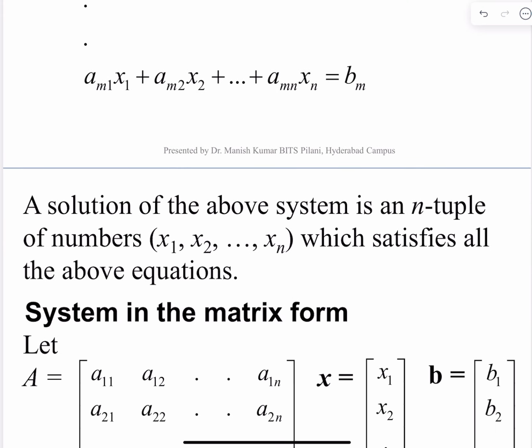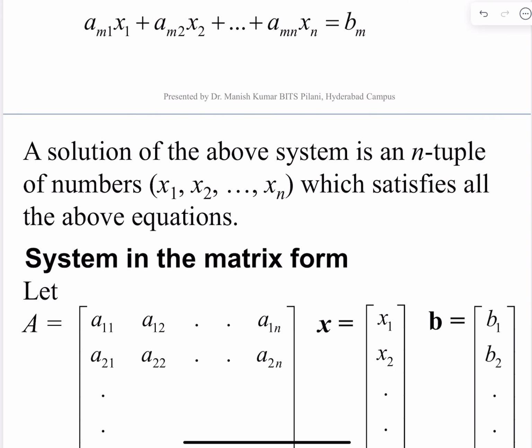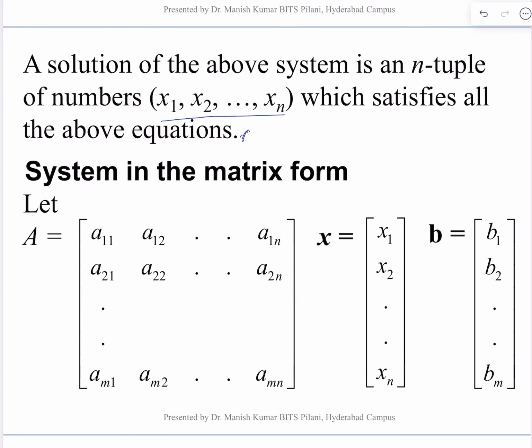Okay, so if we want to know the solution, it will be formed of n-tuples which satisfy the above equations. So the system in matrix form: let A be written as a11, a12, a1n and so on, all the numbers being the coefficients. This is called the coefficient matrix.